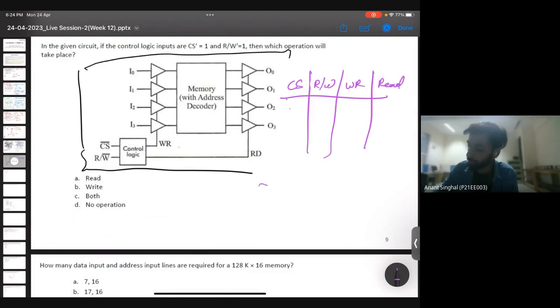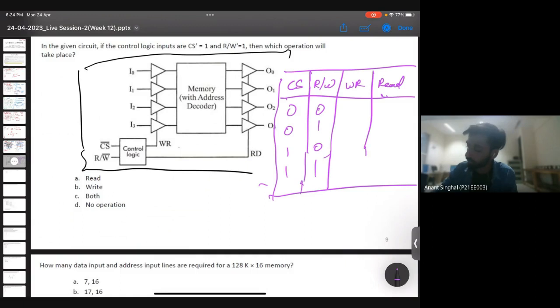There are only four possible cases. Using this truth table only, you can get the answer. It will write only when both are there, and it will read when CS is 0 and this is 1.